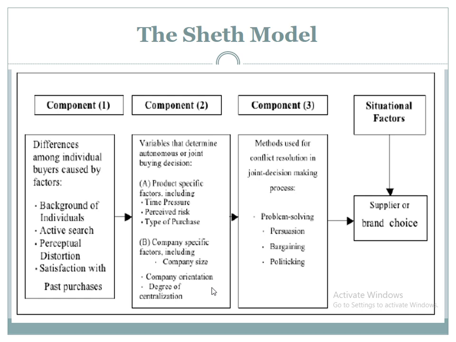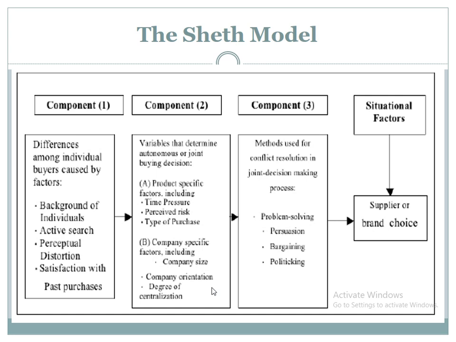Now the differences among the individual buying expectations, that is component 1, are caused by factors like backgrounds of the individuals, information sources, active search, perceptual distortion, and satisfaction with the past purchases. The background of individuals depends upon their education, role in the organization, and lifestyle.